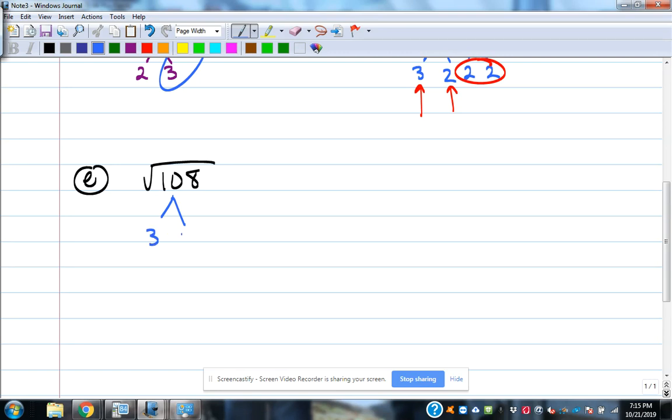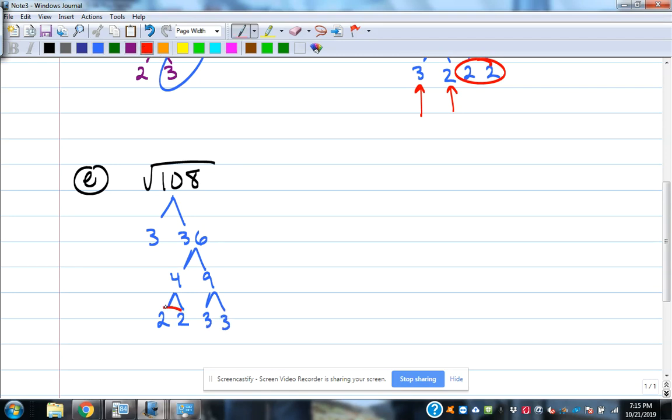We'll do that. 3's prime, so I know I got to break down 36. What numbers multiply to be 36? 4 and 9. 6 and 6 would have done it too. 4 breaks down to 2 and 2. 9 breaks down to 3 and 3.